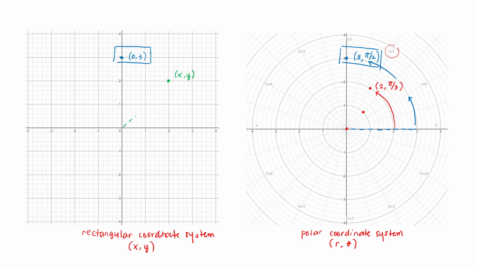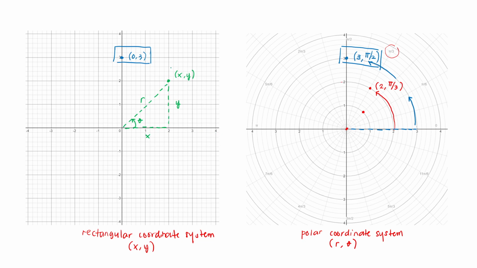If you want to convert this into its corresponding rectangular units, we break this into its triangular components. This will be the y component, and this will be the x component. Since we are measuring counterclockwise in the polar system, we place our theta here, and this is our r in the polar system.